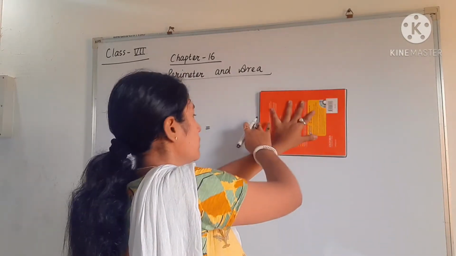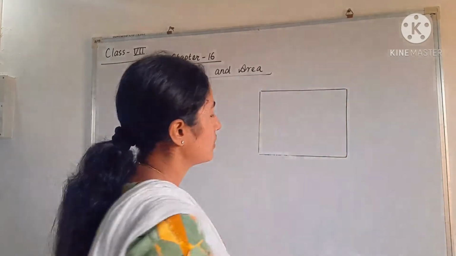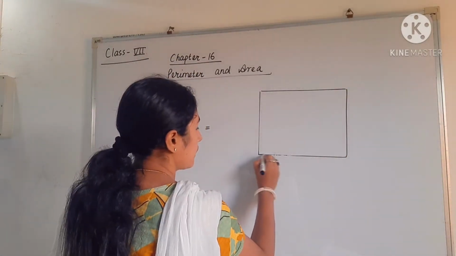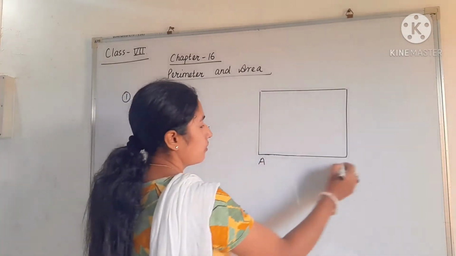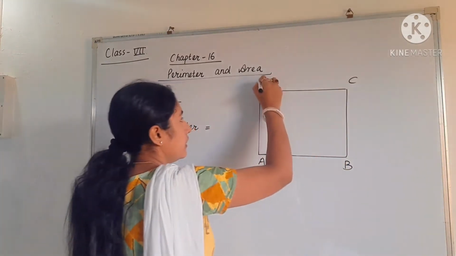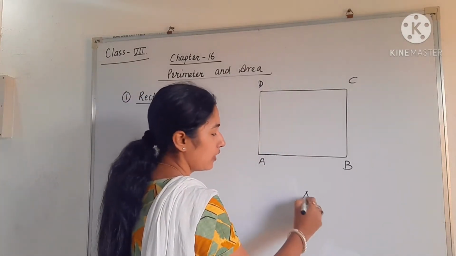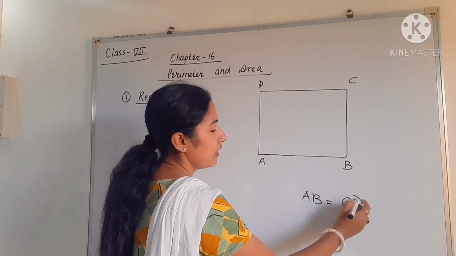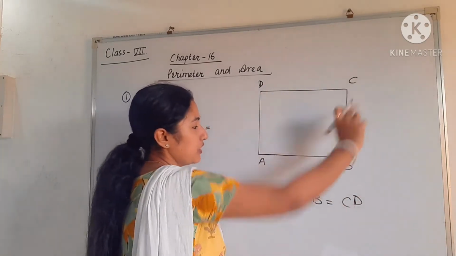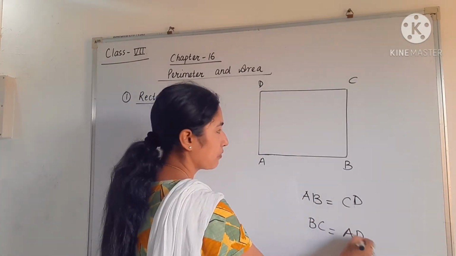This is a rectangle. Suppose I am naming this rectangle A, B, C, D. You can clearly see the length of AB is equal to the length of CD. Similarly, the length of BC is equal to the length of AD.